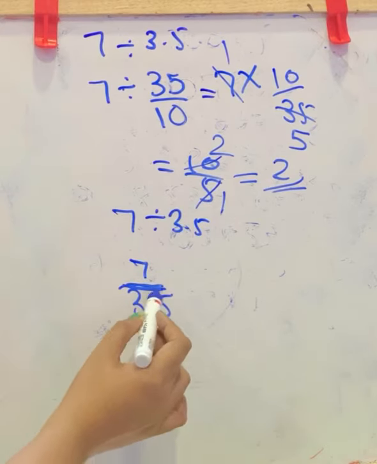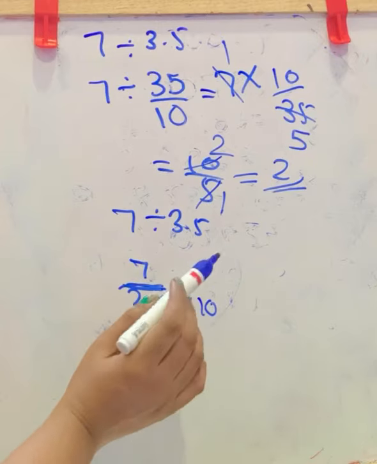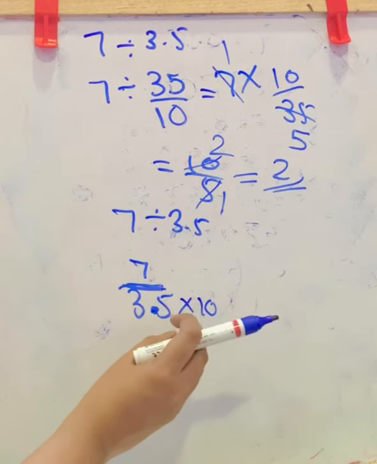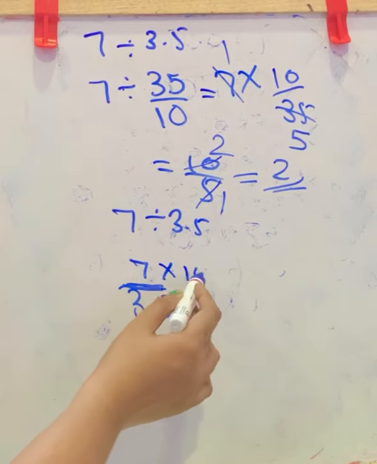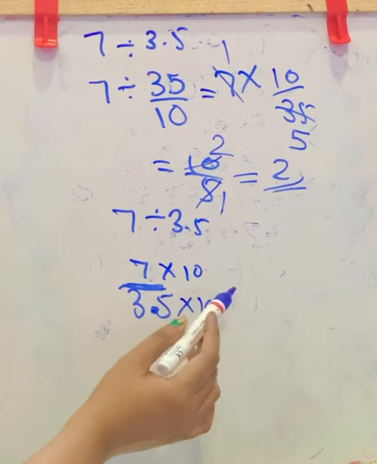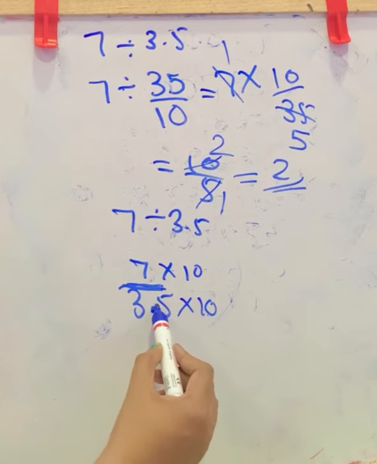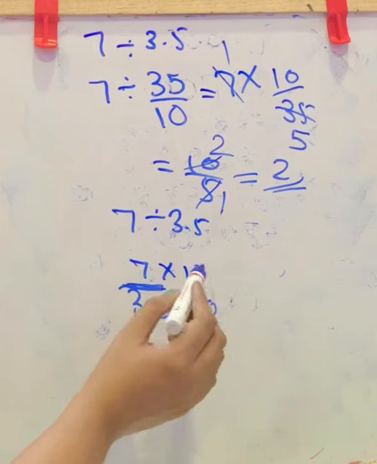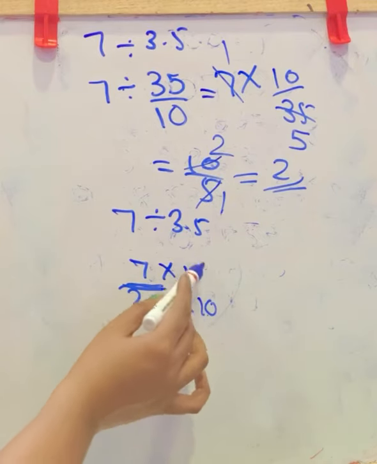So here 1 digit after decimal, so you will multiply by 10. If you multiply a number in denominator, you have to multiply it with a numerator also to balance this fraction. So you multiply this denominator with 10 to cancel this decimal. So as you multiply in denominator, you have to multiply the same digit on numerator also.